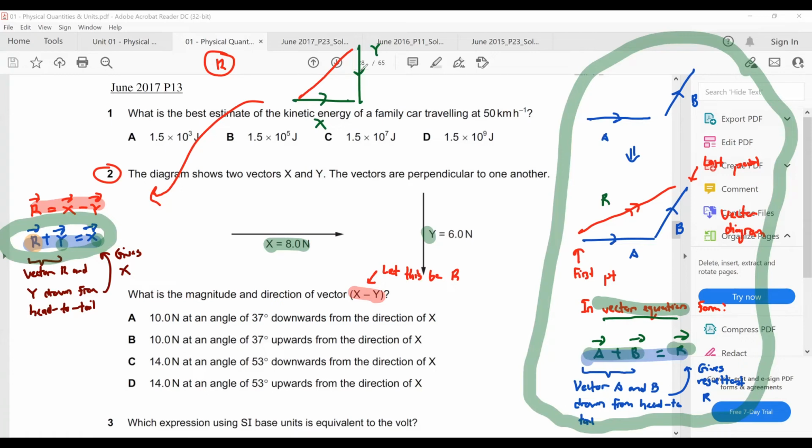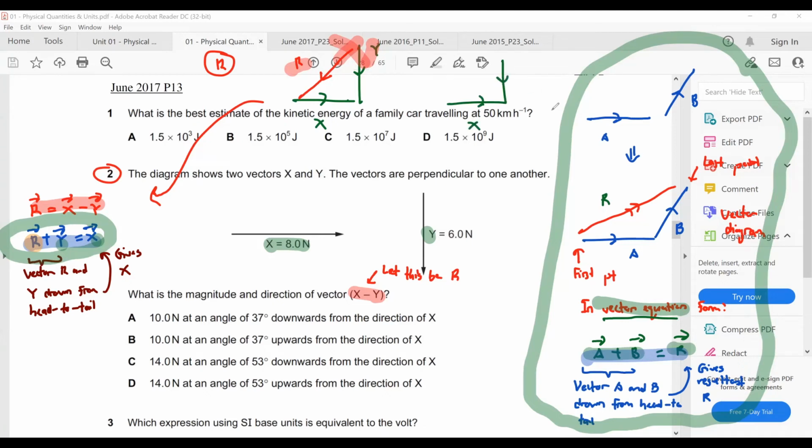So you consider the cases here. What if I draw it like this? This one is my vector r. This is not vector y and r drawn from head to tail, right? This is definitely wrong, right? So what about if it is in this direction? This one was still vector x.